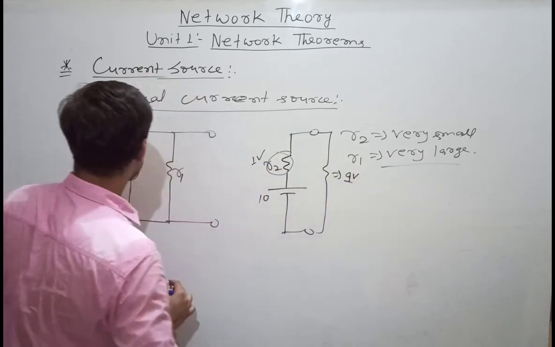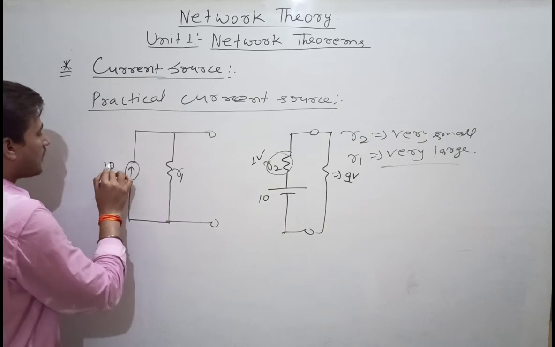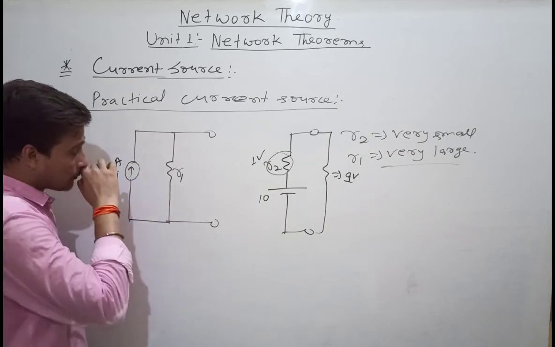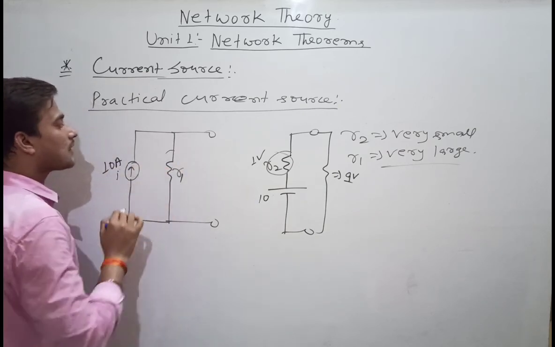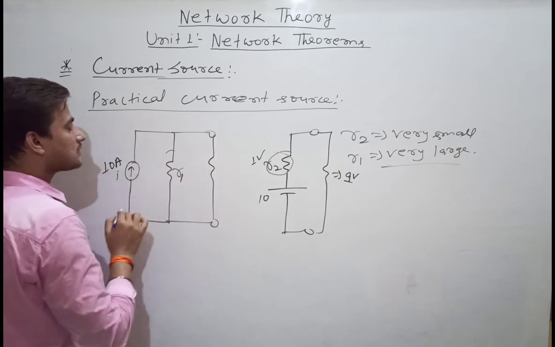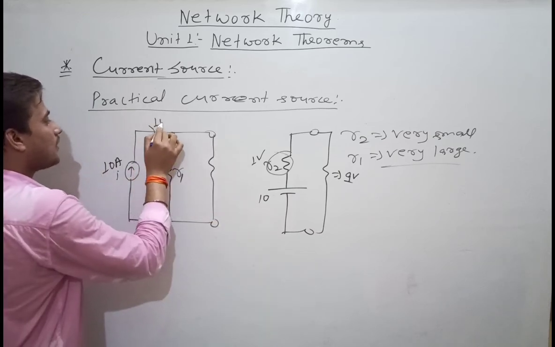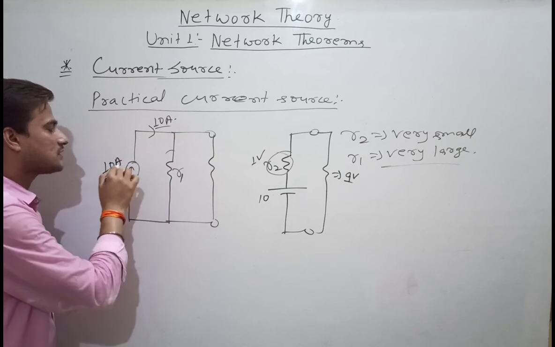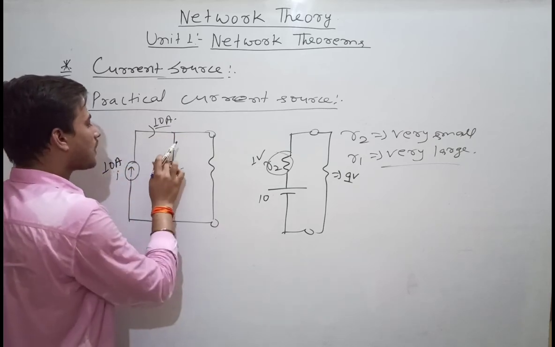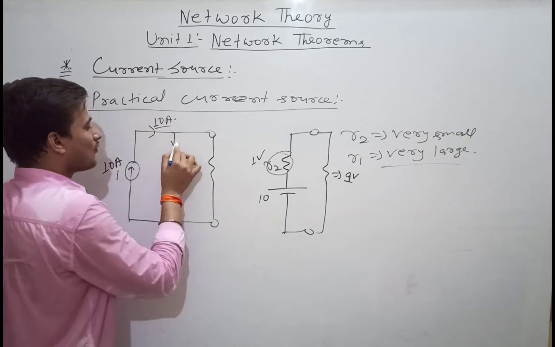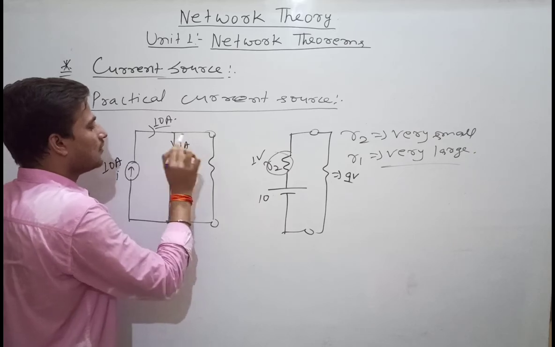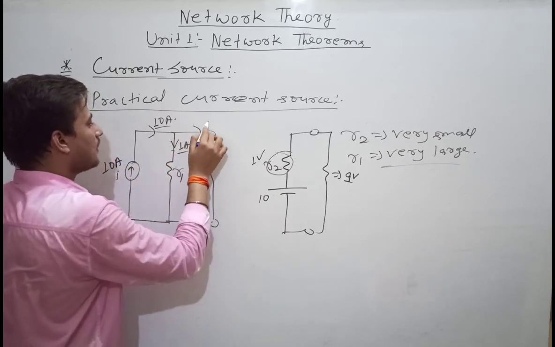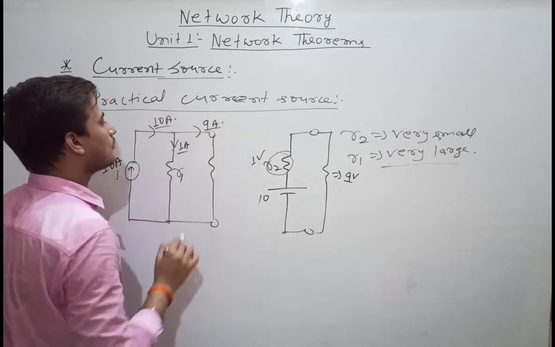Now here, suppose this is 10 ampere of current. Now what should happen? You are showing a practical current source. That means when 10 ampere current is coming out from this current source, there will be some current in this branch. It will be hardly 1 ampere. So the maximum, the rest of the 9 ampere, will go through this one.